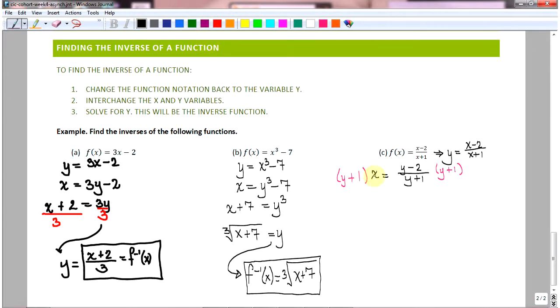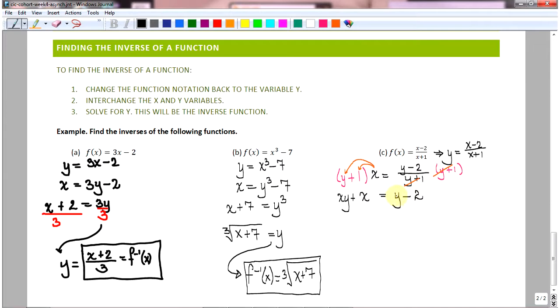So when I do that, on the left, we're going to have to distribute that x to both of the terms inside of our parentheses. So we end up with x times y plus 1 times x is just x, is equal to, okay, on the right-hand side, the y plus 1's cancel out, leaving us with a y minus 2.